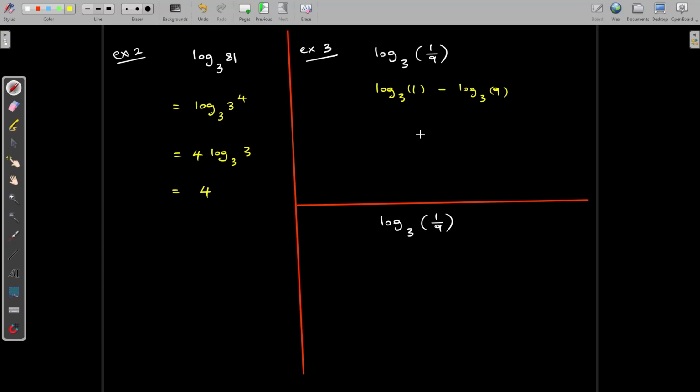For the second one, we could say 3 to the power of negative 2, I'm guessing. Yes, so both of those are correct. So now we just need to simplify.